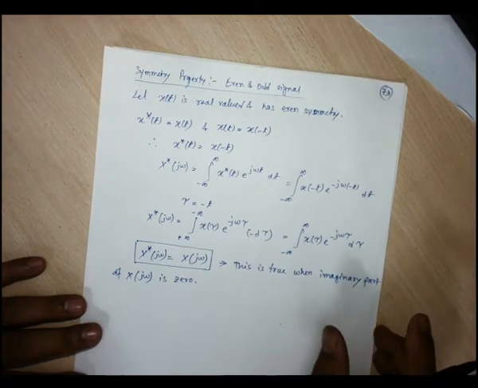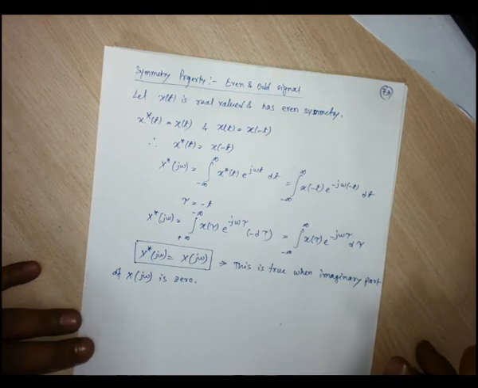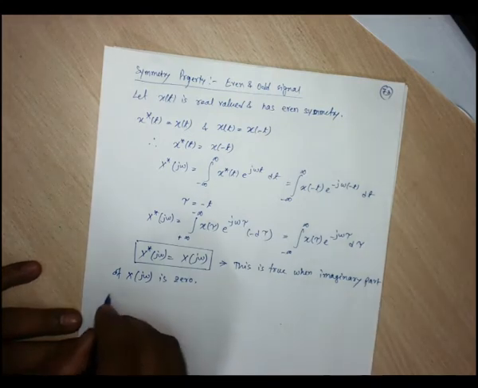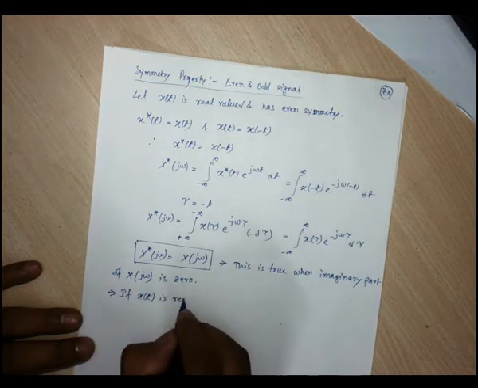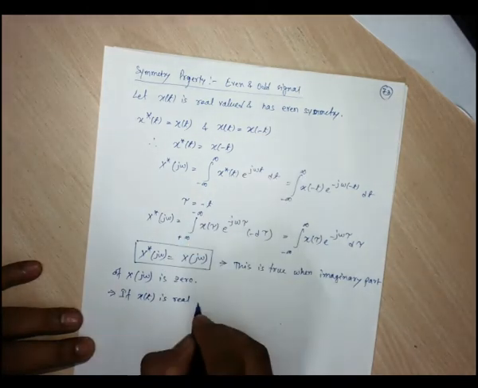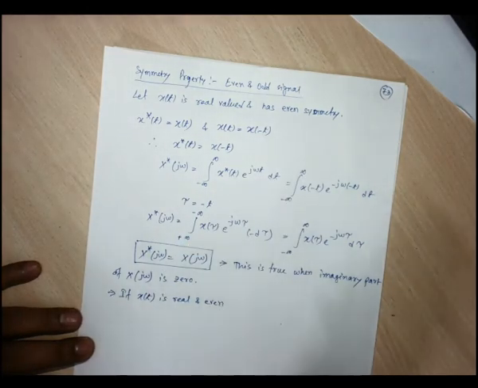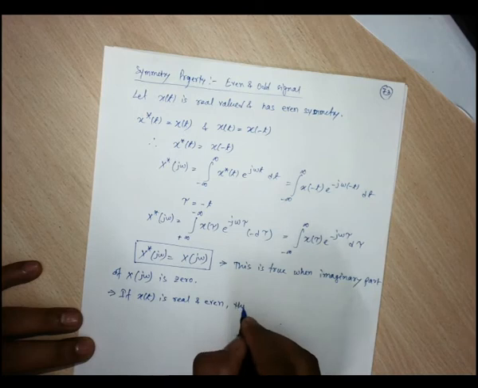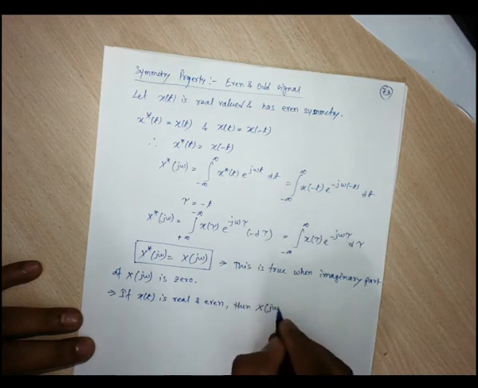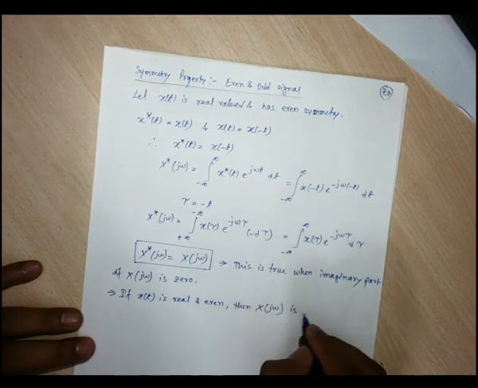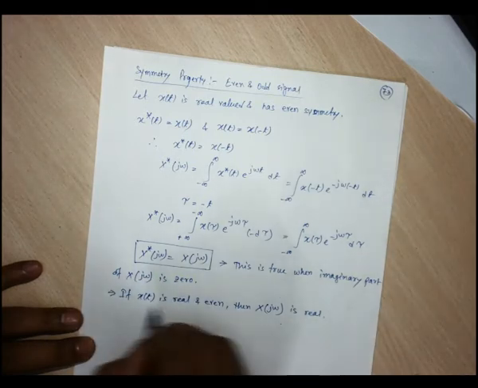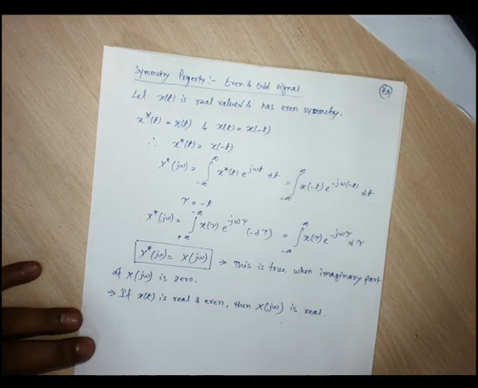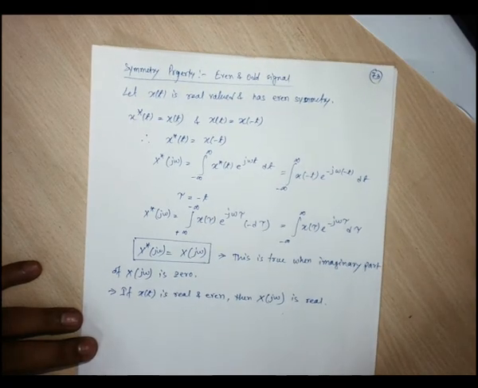So what we can say, if x(t), the given signal, is real and even, then x of j omega is real. X of j omega is real because it only holds when the imaginary part is completely 0.